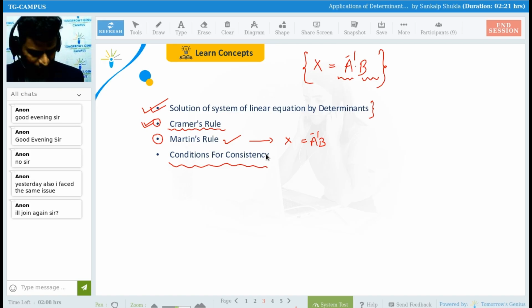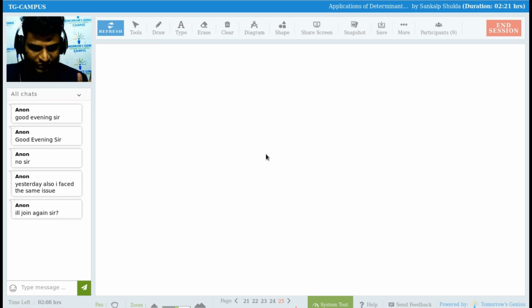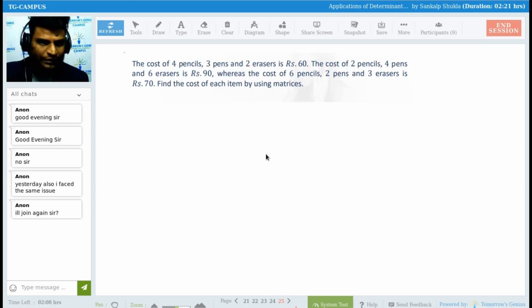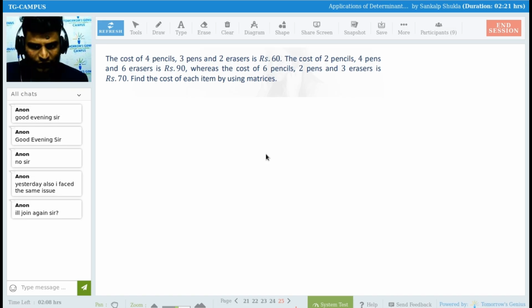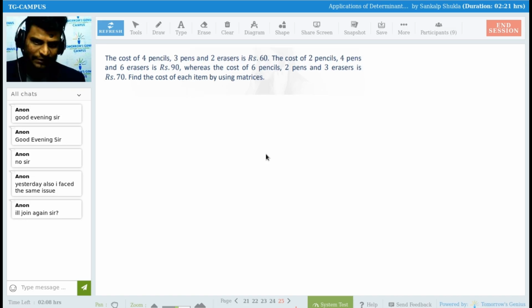We will be solving a system of equation, and I'll obviously begin with the question that we have already discussed in the previous turn. So allow me a few moments. Okay, so this was the question that we have already covered, right? We have already solved this question with the help of matrix method.